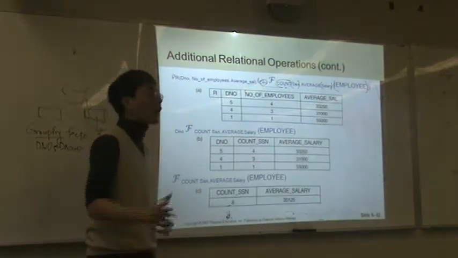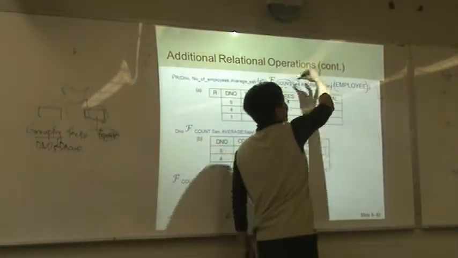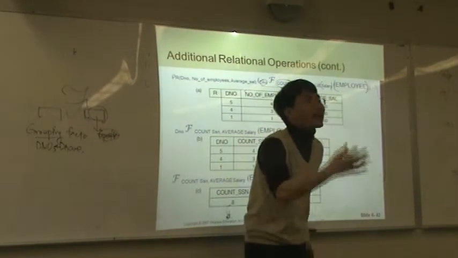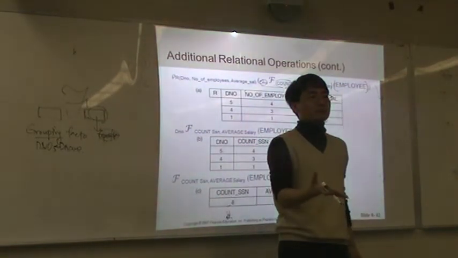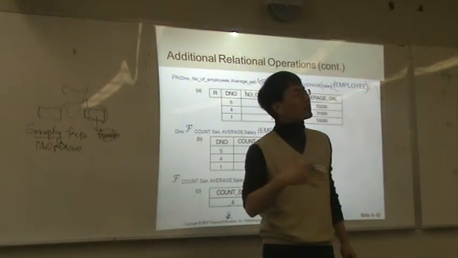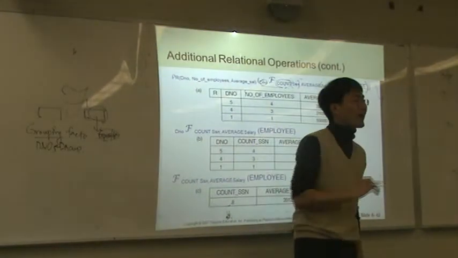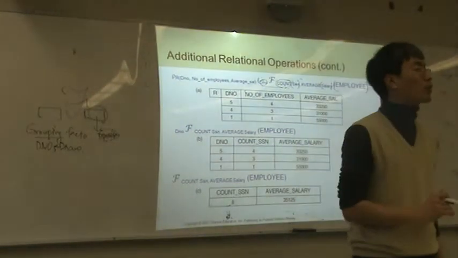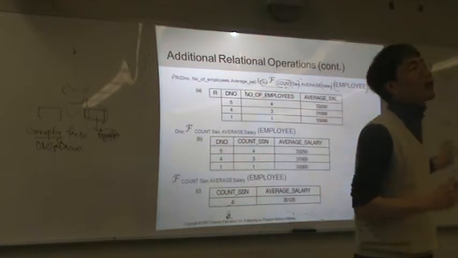However, when the DBMS processes the aggregate function, what do they require? A sorting operation. So probably they will use a very fast sorting algorithm, binary sorting or something. Anyway, it requires sorting, so you should be careful whenever you use this.